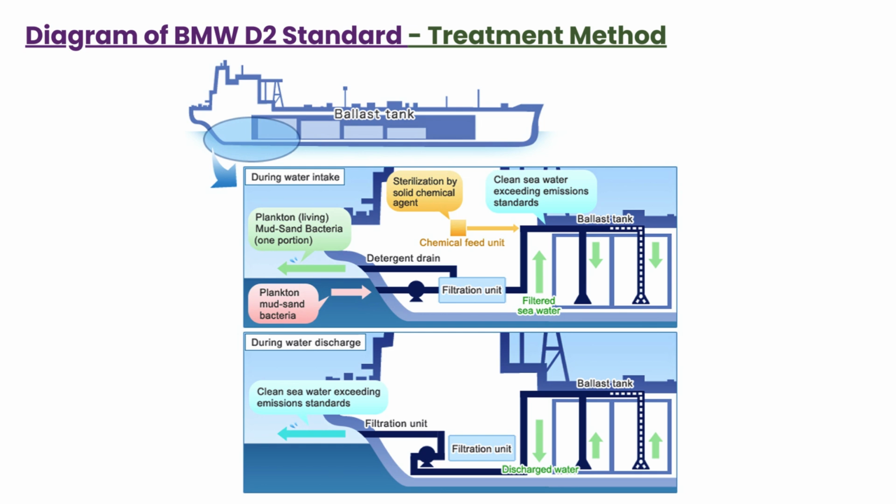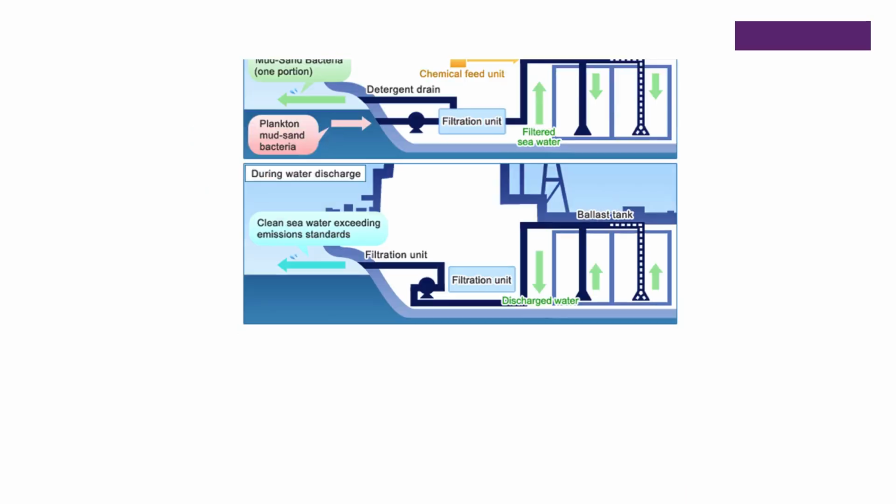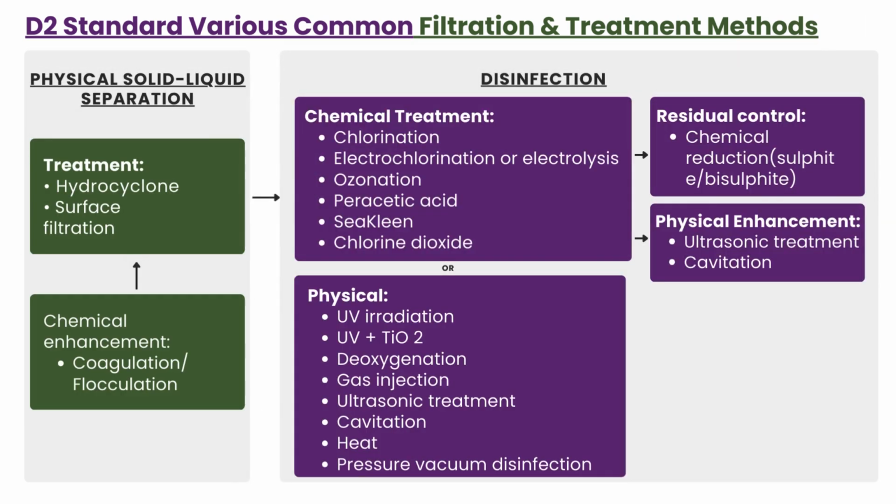Okay. Here what you see in both the pictures is the simple filtration method we had seen earlier. Now, with D2 standards, how are we going to do the filtration and treatment method? Number one is the hydrocyclone, which is physical separation of solid and liquid.